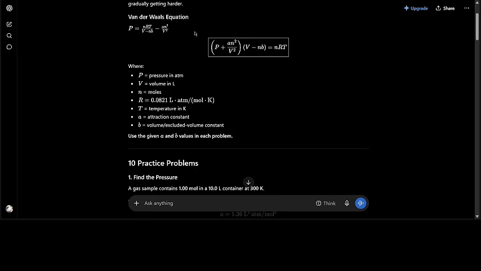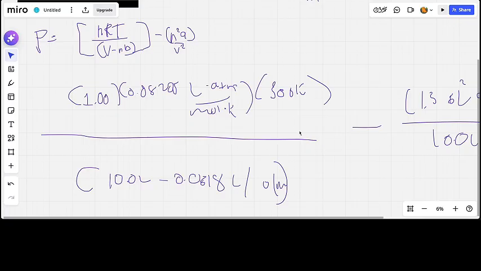Trying to get the pressure here. Okay, so they just used 0.0821, that's why. 0.0821, then 0.038.